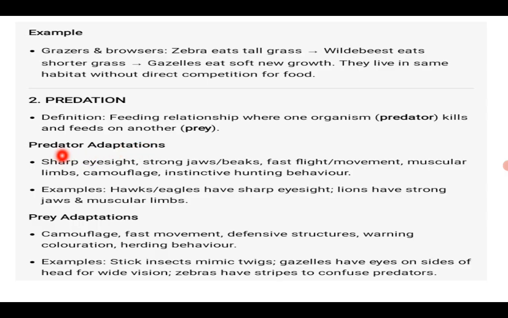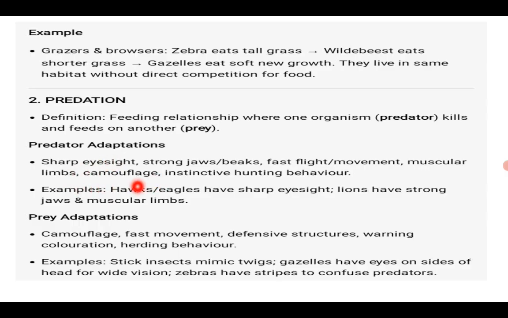We call those predator adaptations. Some organisms have sharp eyesight, strong jaws, beaks, fast flight movements, muscular limbs, camouflage, instinctive hunting behaviors.